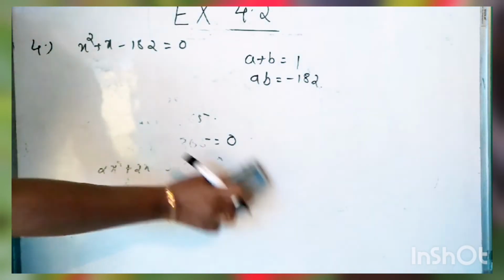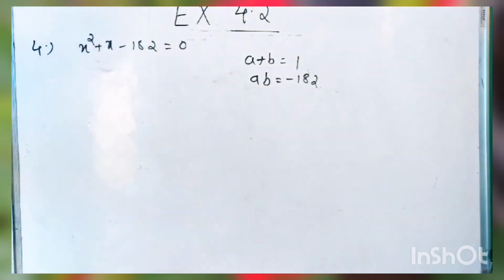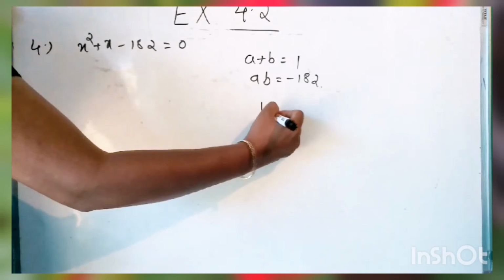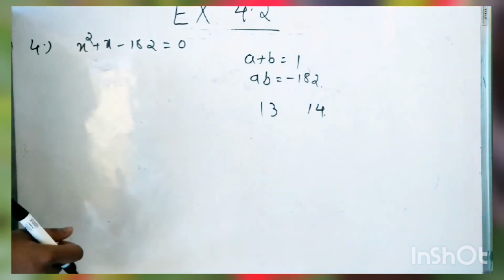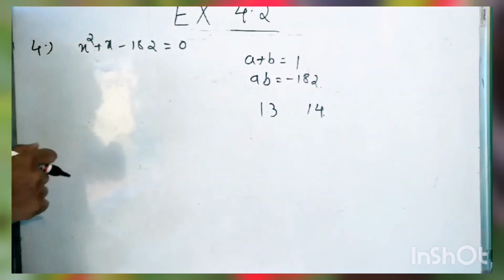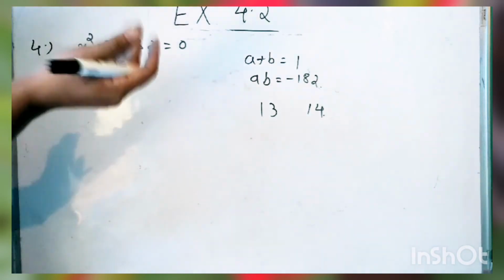The 182 we will get by multiplying 13 and 14. Here this is minus 182, so one number should be negative, and the sum is positive, so the greater number is positive.